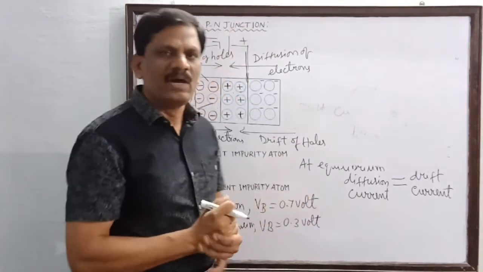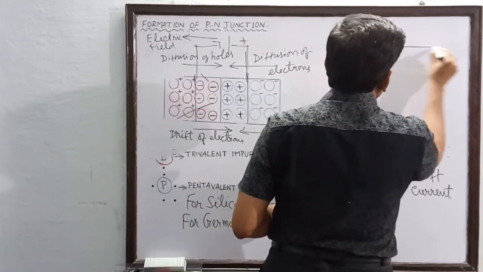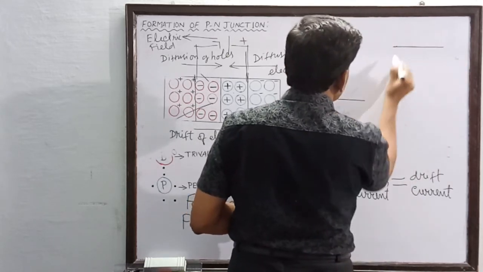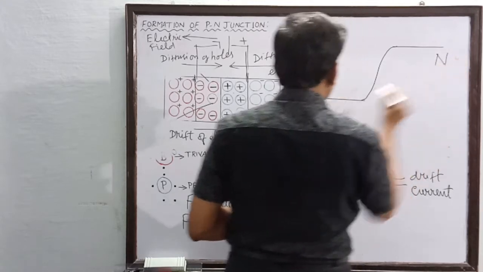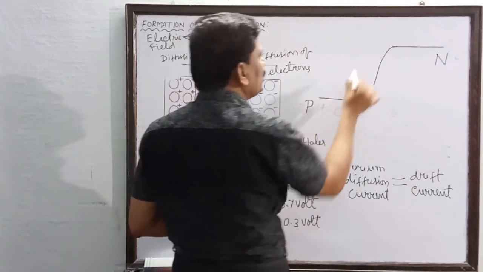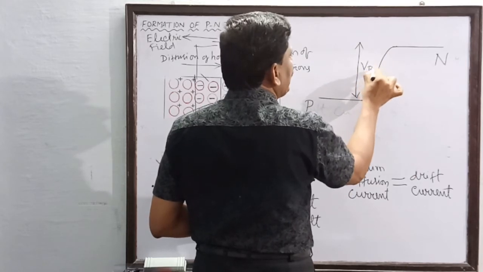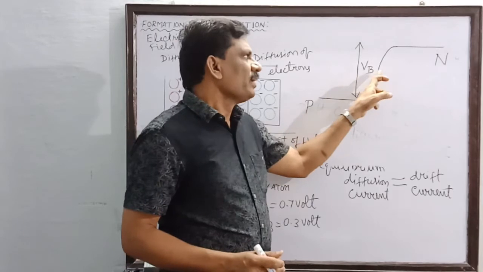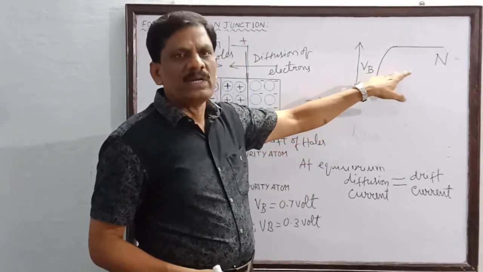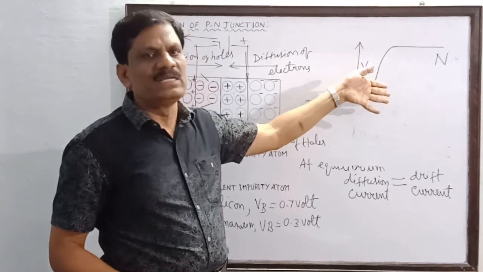Okay, students. Now in our textbook, one more diagram is given like this. The potential difference will be shown like this, so there is a slope like this. This is the N side and the P side of the junction, and this is the internal potential barrier. It can also be expressed in volts: 0.7 volt for silicon and 0.3 volt for germanium.